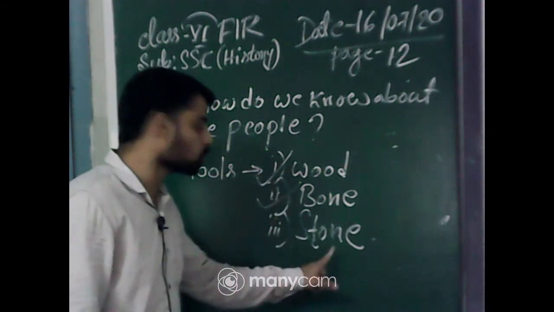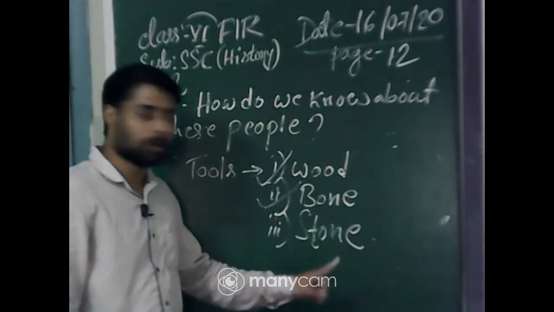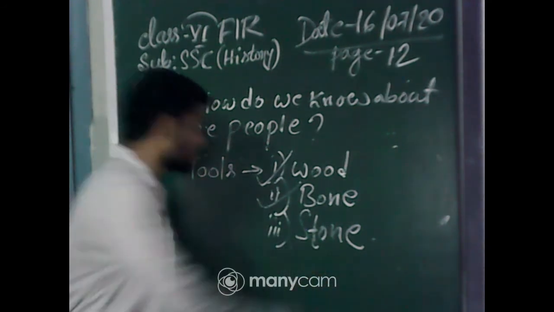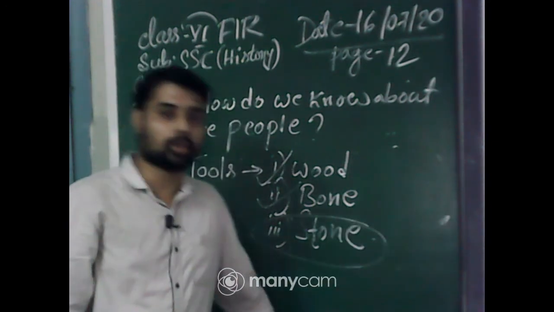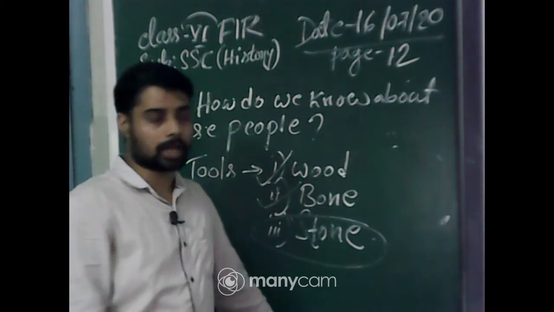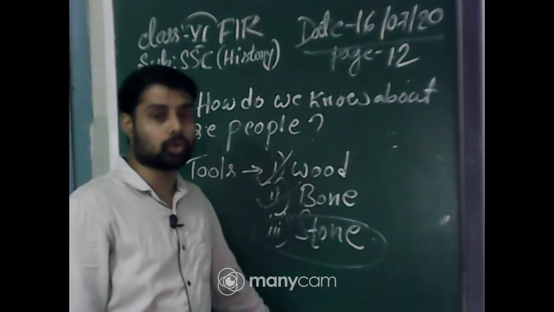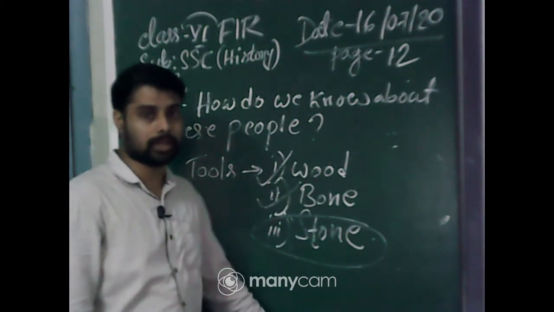Only stone tools survive, because stone lasts long and does not decompose. That is why stone tools are found by archaeologists in most archaeological sites, like Mehrgarh and also Hallur in South India.